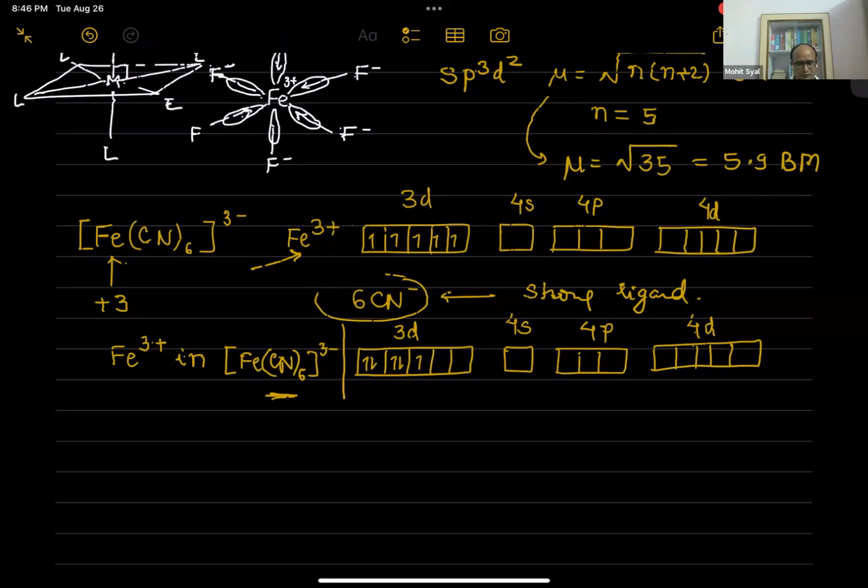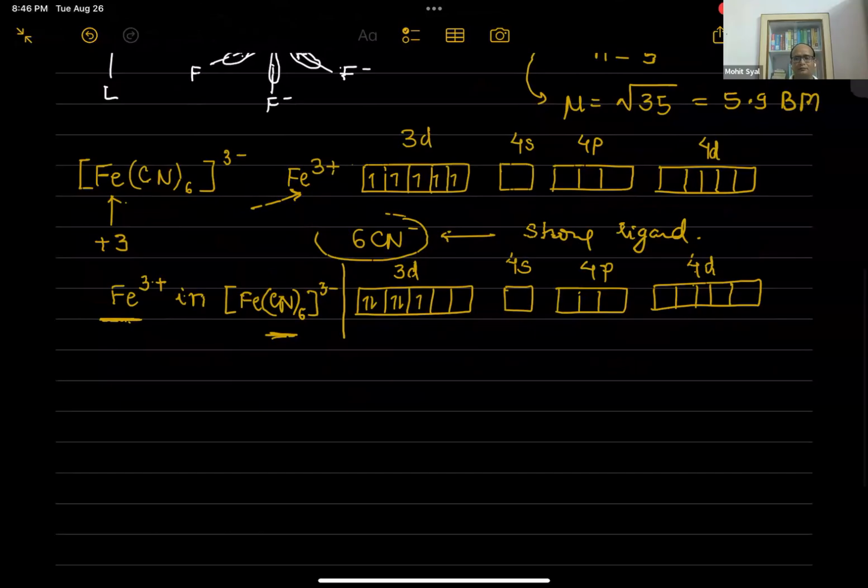Empty orbitals of iron, so that I can attach the CN minus ligands with the help of the lone pair. Actually, the CN minus ligands are going to donate their pair of electrons to the empty orbitals of the iron. Is it clear or not?